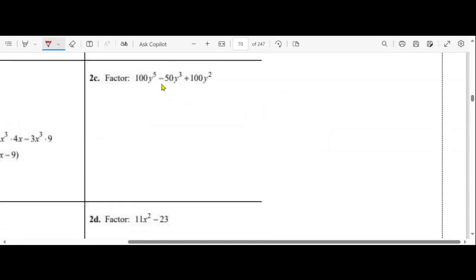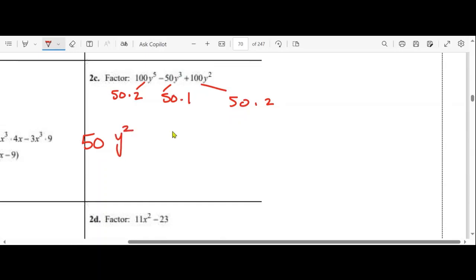Yeah, who can tell me? 100, 50, 100. 10? Are you sure? Well, 50. 100 is what? 50 times 2. And 50? 50 times 1. And 100? 50 times 2. Which one is common? 50. And what about y? Y to the power of 2.